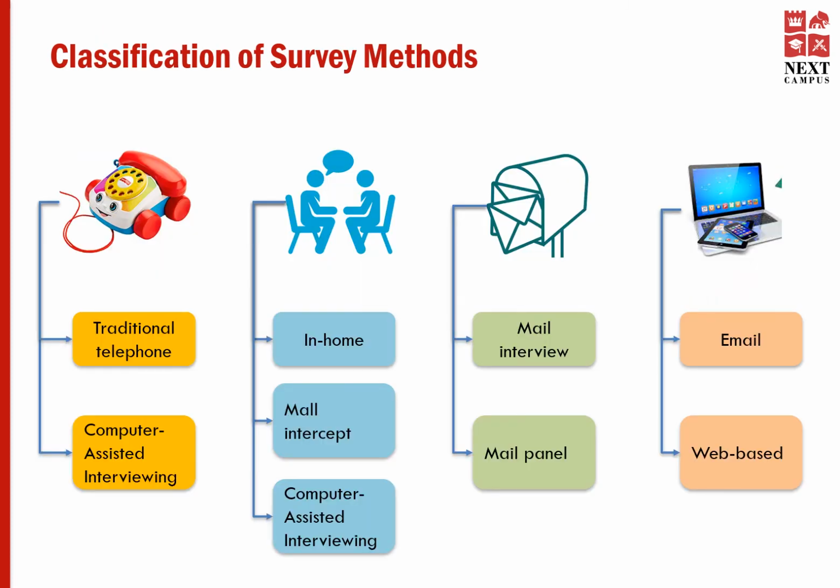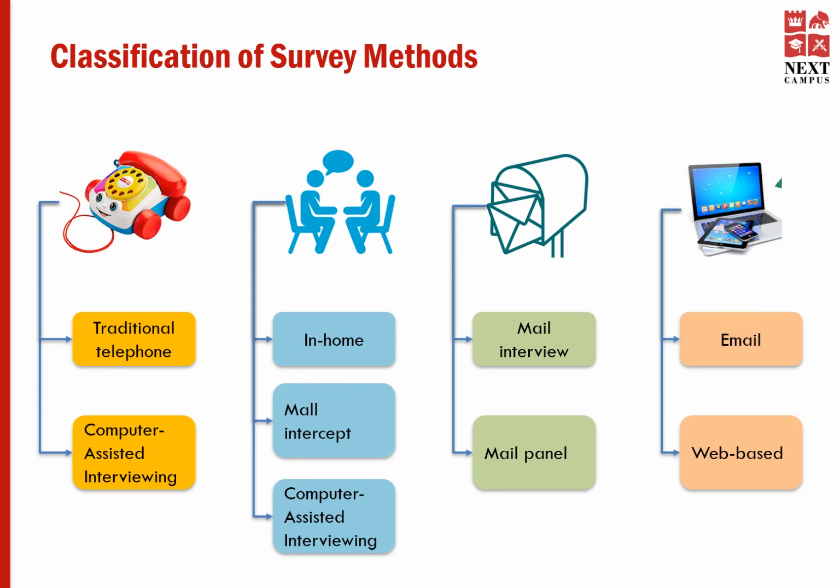You can have different types of survey methods. Telephone. I don't know whether any of you have got calls from various institutions asking your permission to ask a few questions. Some people visit houses, in-home, interviewing people with maybe samples or without samples.